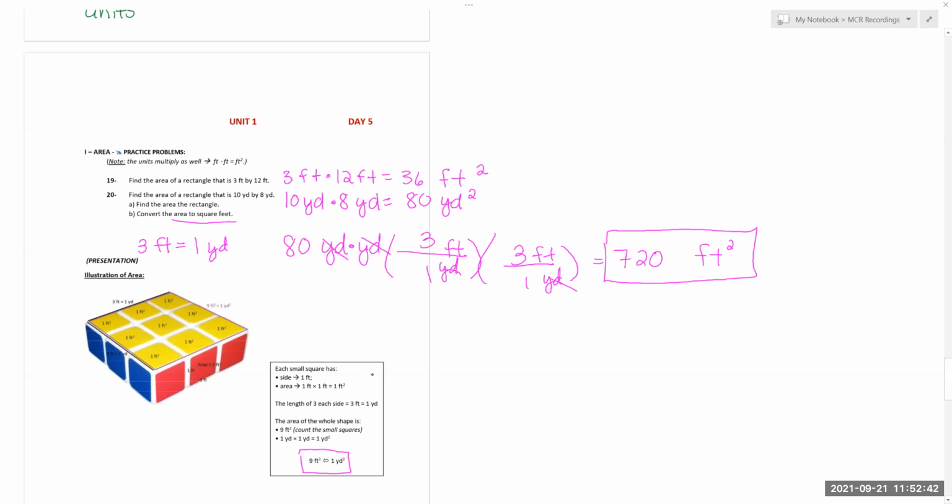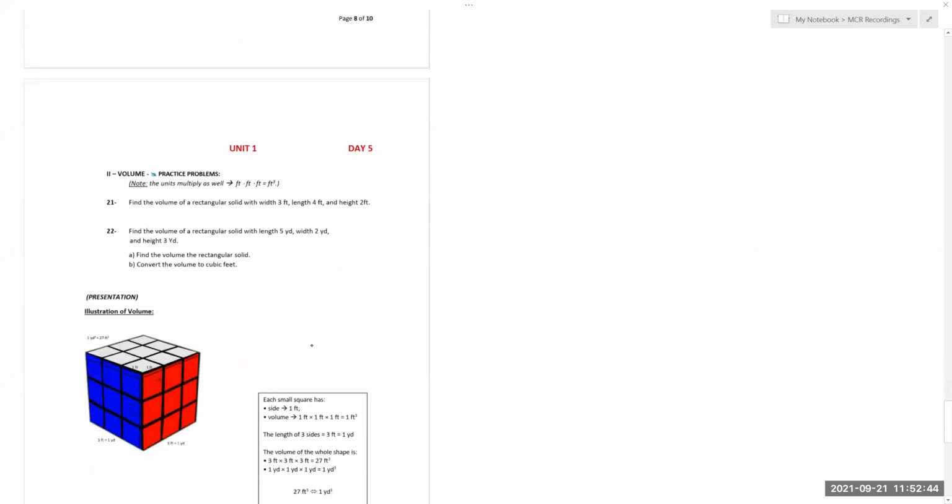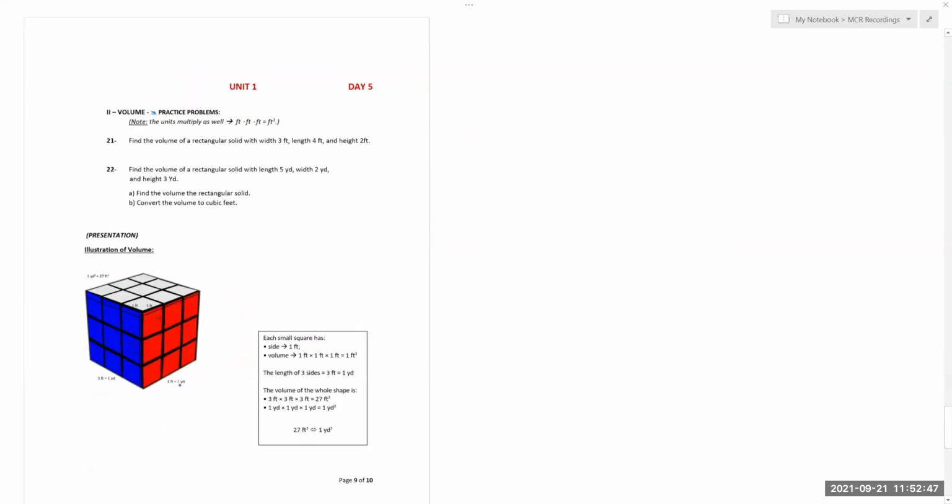And then if we look at our last page of notes for today, if we go to volume, if we're looking at 1 cubic yard, a yard by a yard by a yard. We've already got 9 on each piece, but then we also have 9 down and we have 9 on this other part.